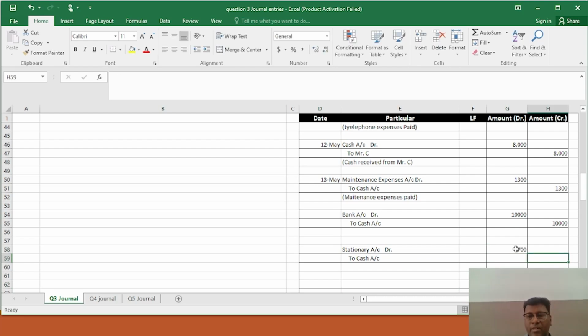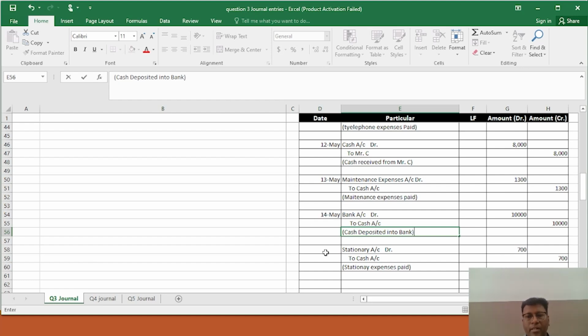You are buying the stationery and cash is reduced by 700 itself. And what about the narration? Stationery expenses paid. Okay, and in the previous transaction, the date was the 14th May, and the narration was cash deposited into bank.